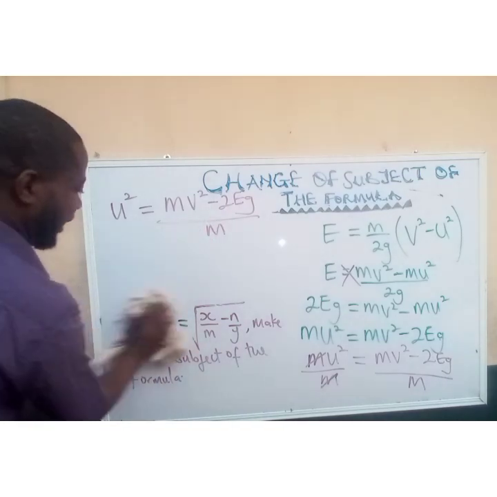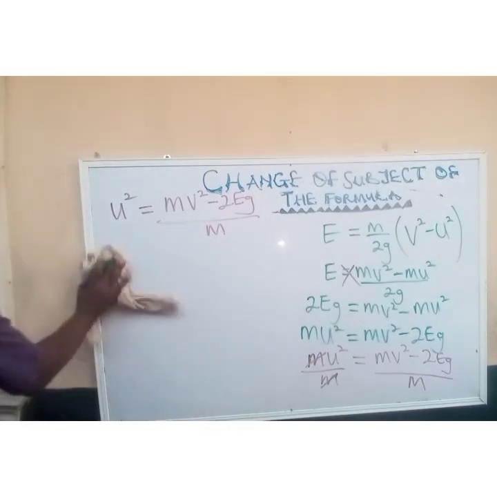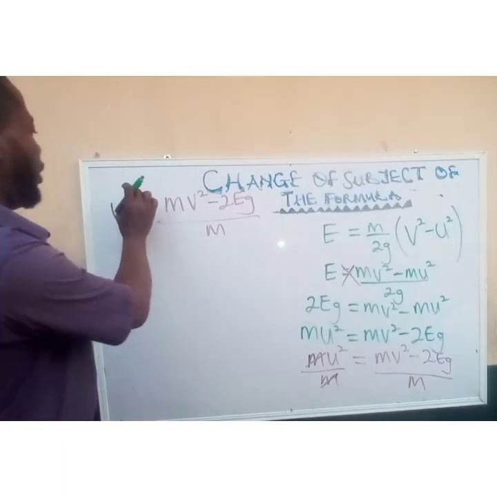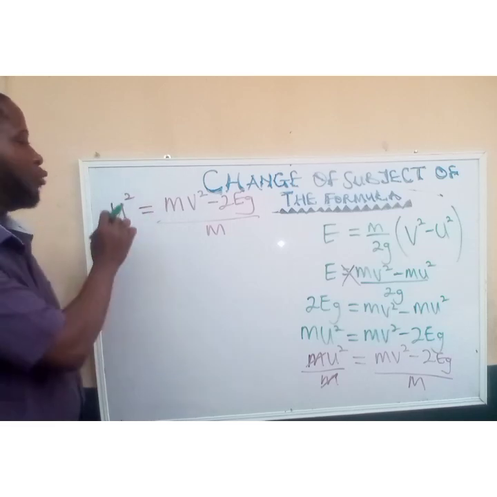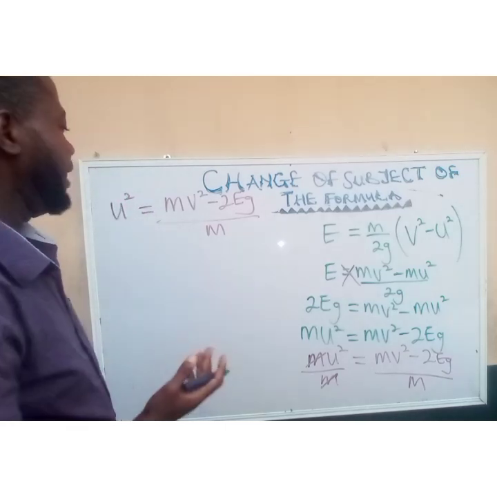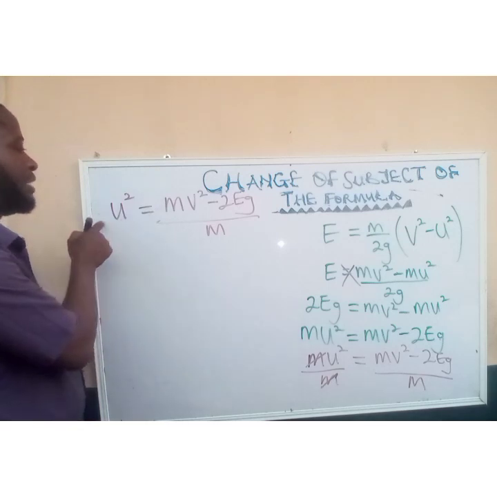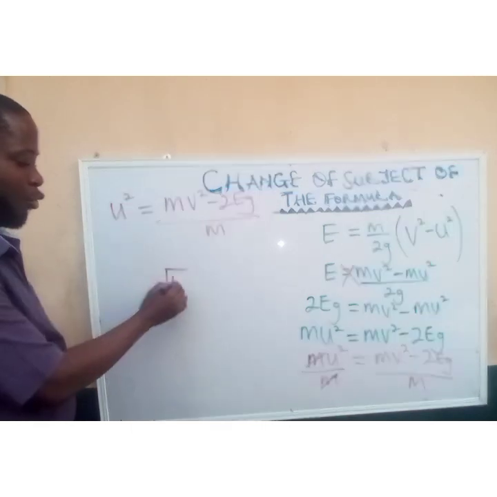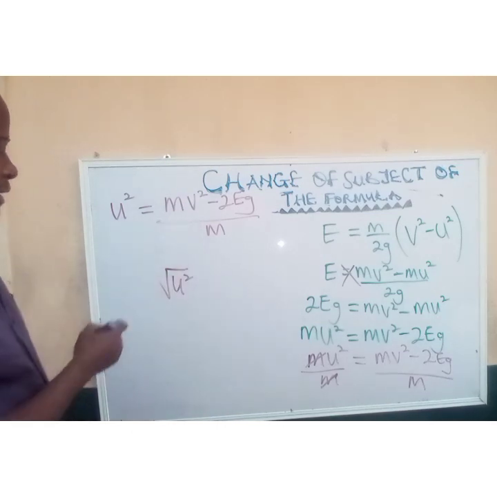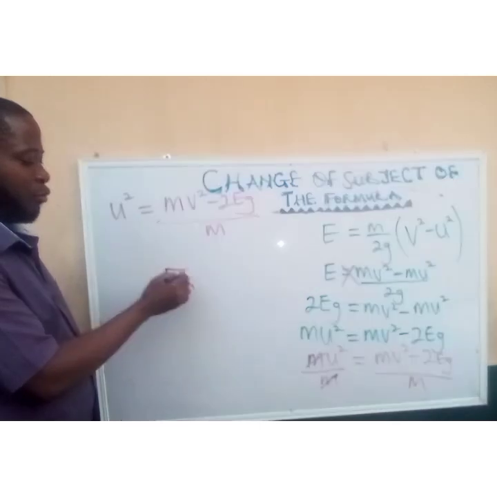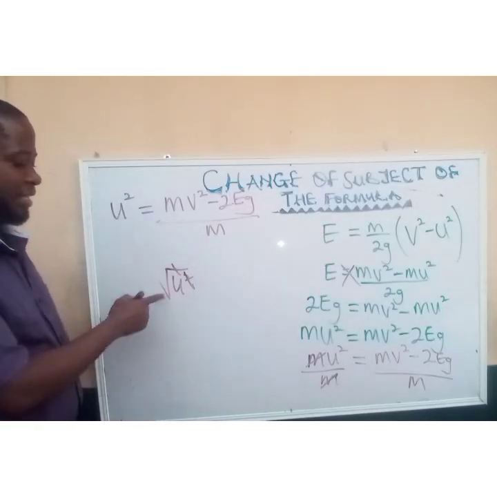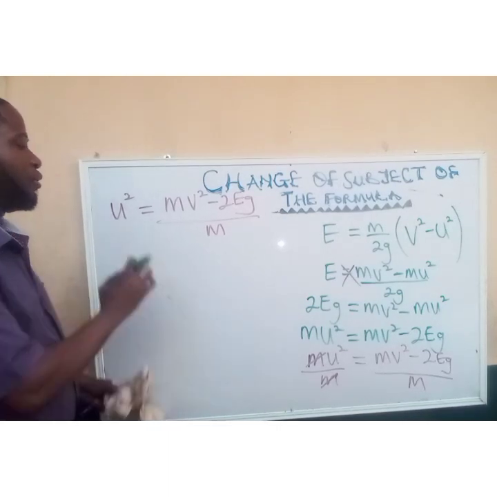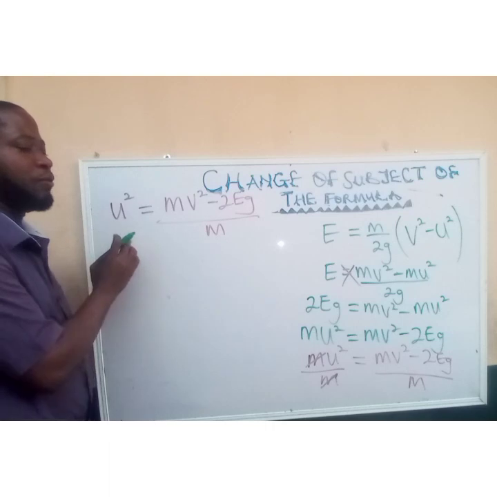Now when you look at this, we want to make U the subject of the formula, and we have U square. Whenever you have a square, you must find a way of eliminating the square. How do we eliminate the square? To eliminate the square, we are going to take the root of U square. When you take the root of U square, the square and the root cancel, and in that case, we have just U. But in order to do that, what you do to the right hand side, you must do to the left hand side.